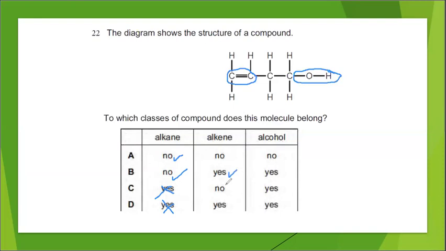So yes, there is a double bond present. And yes, there's an OH group present. So the answer for this one is B, as in boy. So there are no alkanes. Alkenes, yes, an alkene is present, and yes, the alcohol is present. So the answer is B, as in boy.